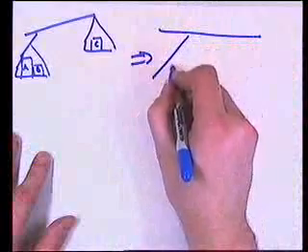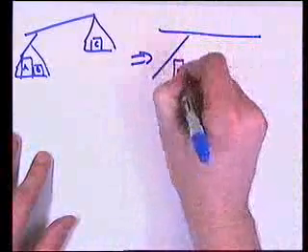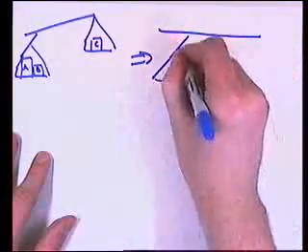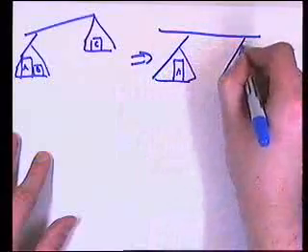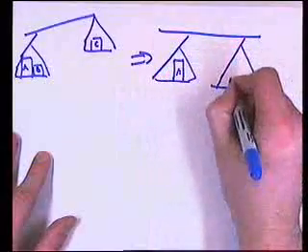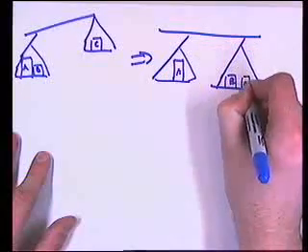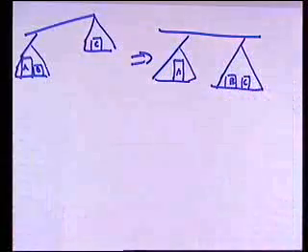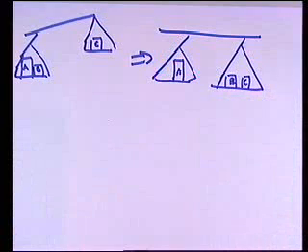I'll then have a very heavy weight A on this side, and on this side, I'd have two small weights, B and C, and they would balance each other out. That was the single right rotation. We said I had a subtree A that had greater height.